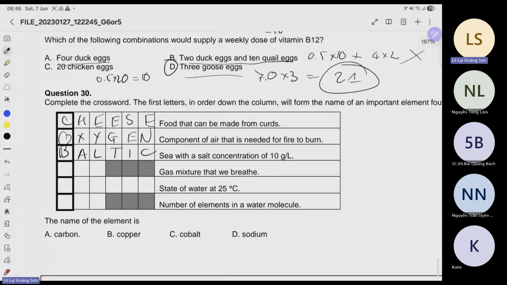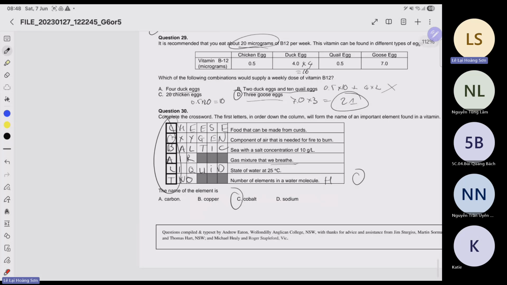But if you don't know, just keep it. Gas mixture that we breathe is air. State of water at 25 degrees Celsius is liquid. Number of elements in a water molecule is two, right? We have hydrogen and oxygen. So it's going to be cobalt, which is the element that we need to fight.